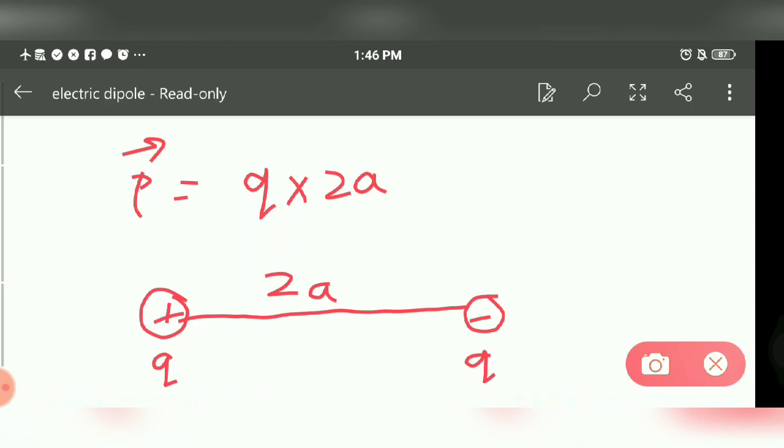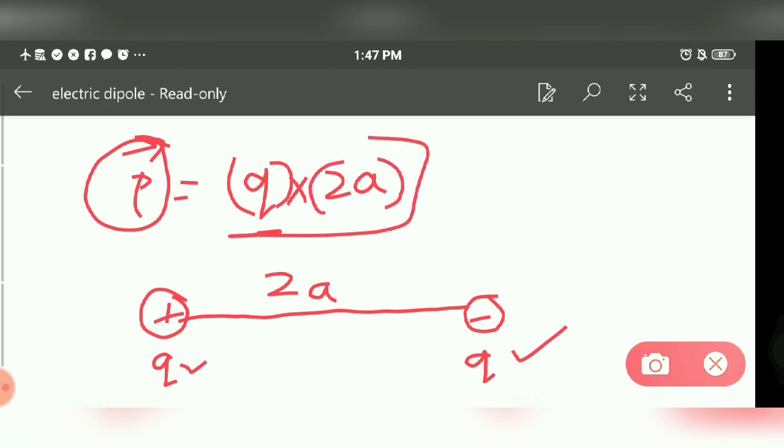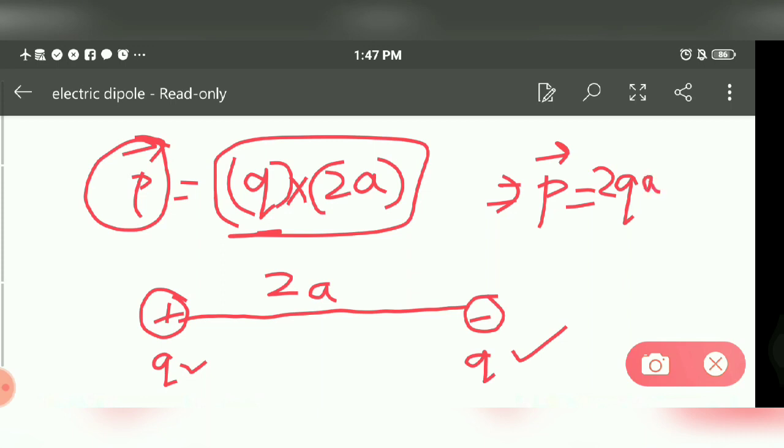In that case, electric dipole moment equals the product of either charge, either this or this, we only take the magnitude, into the distance between them. This is electric dipole moment. So what is P here? Electric dipole moment is q into 2a, or 2qa. If we take it as d, then P equals q into d.